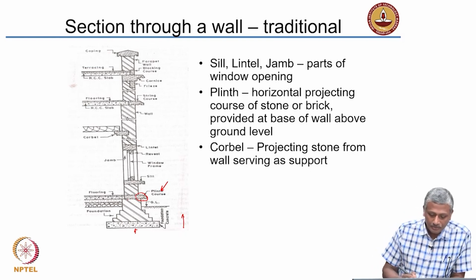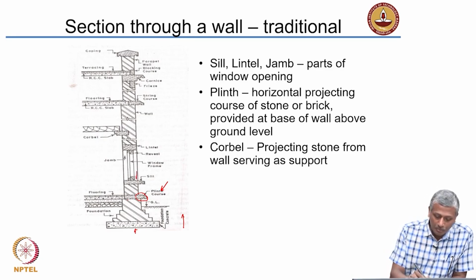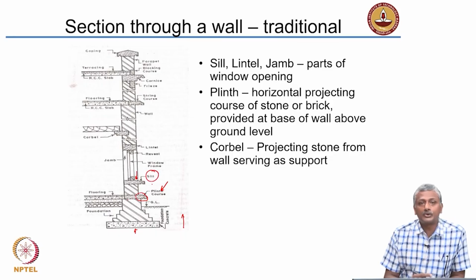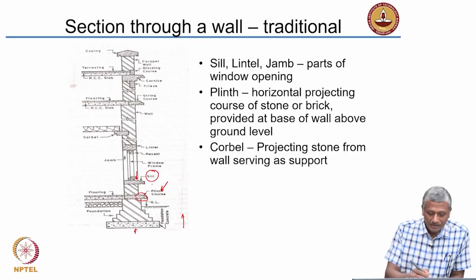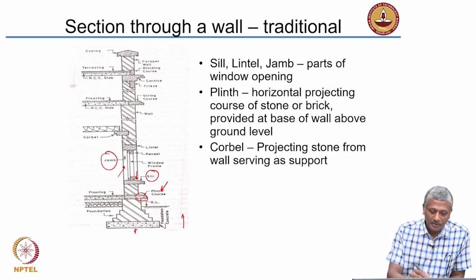Then when you have window openings and door openings, you have different parts of these openings. The lower part of the opening is called the sill, the window sill, we commonly use that term. The sides of the opening are called jambs. The top of the opening is called a lintel.